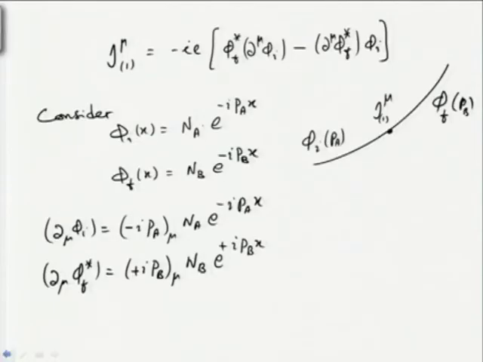Putting this together, J1 mu is equal to minus i e (phi_f star dou mu phi_i minus dou mu phi_f star phi_i). So, dou mu phi_i is actually equal to minus i p_a phi_i, and dou mu phi_f star is plus i p_b phi_f star.